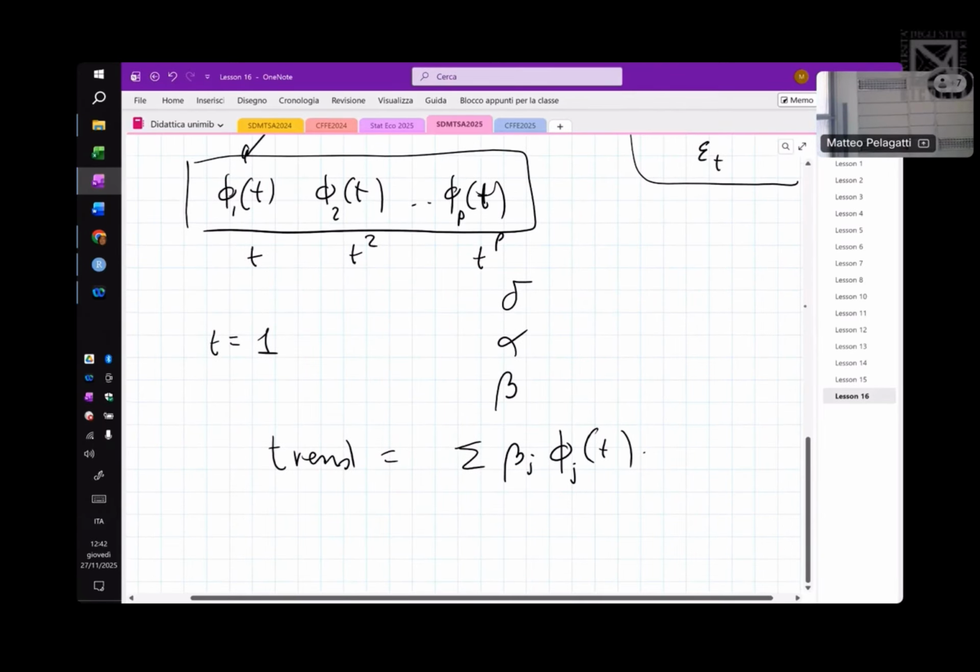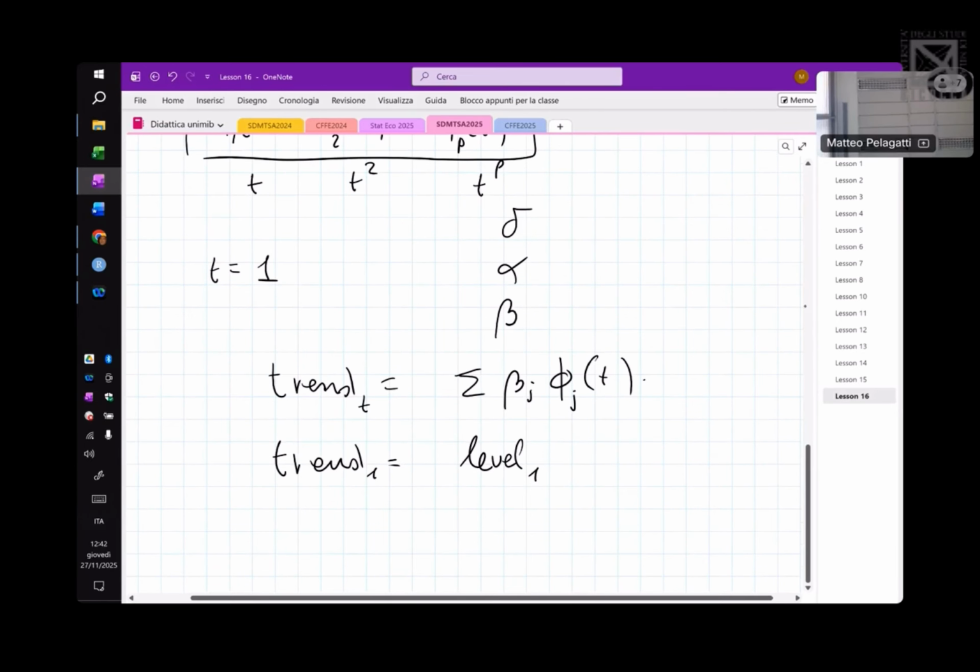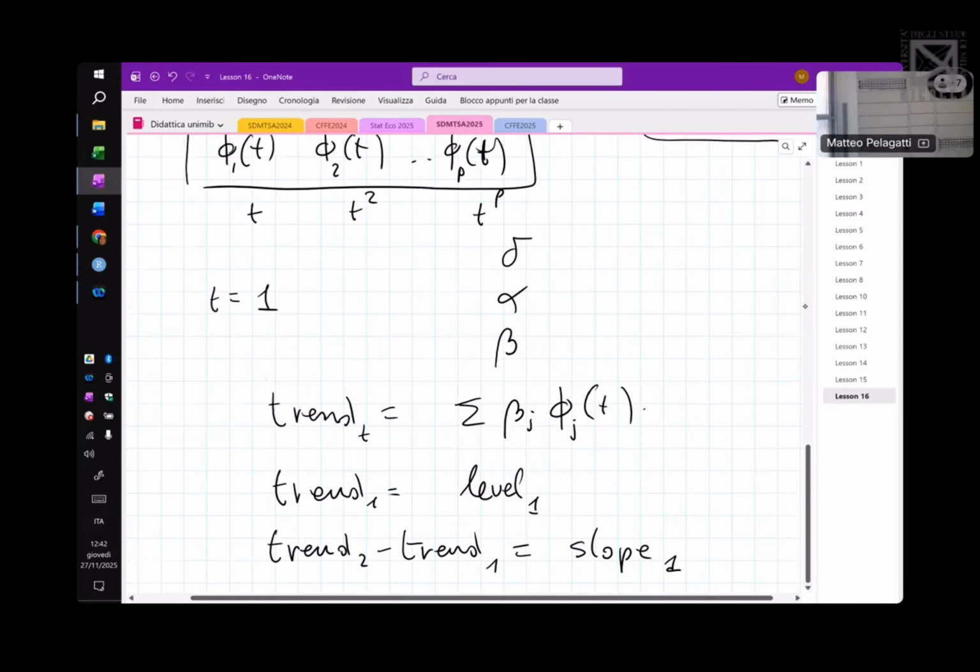And of course, we can just observe the trend at time equal to 1 and say, okay, my level at time equal to 1 is that. And what about the slope? Well, for the slope, for example, I can take the trend that I estimated at time 2 minus the trend estimated at time equal to 1 and fix it as the initial slope, okay? So this is, for example, a strategy that I use for building initial values.